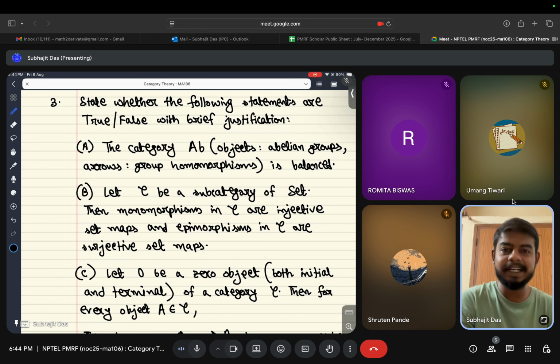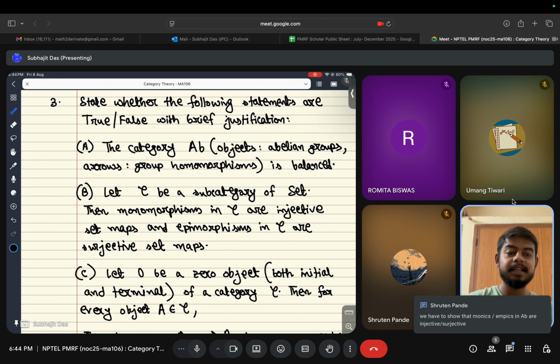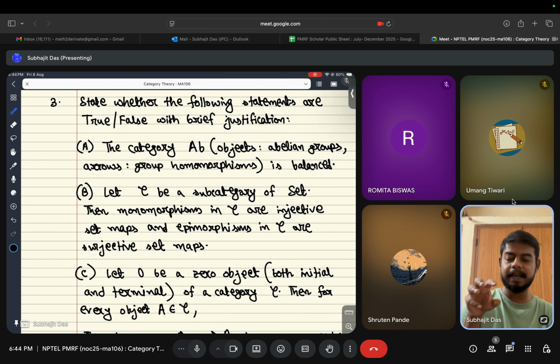So AB is a concrete category, as I was saying. What is a concrete category, by the way? A concrete category is exactly a category in which the objects actually have set structure. In an abstract or arbitrary category, an object has no internal structure.